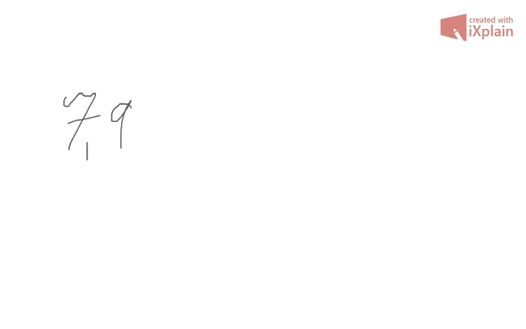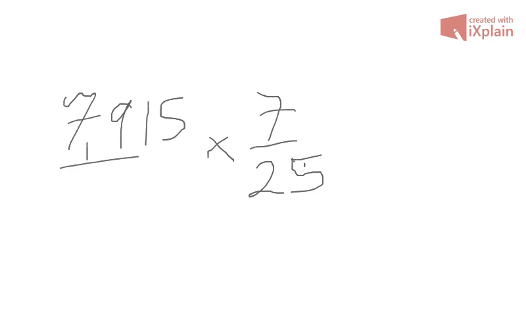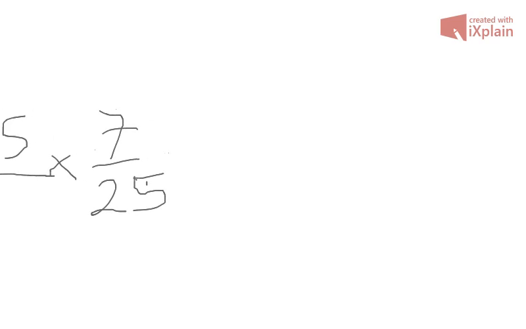So we're going to take that 7,915 and multiply that times 7/25, which will give us the actual diameter of the moon. So we're going to set this over 1: 7,915 over 1 times 7/25.